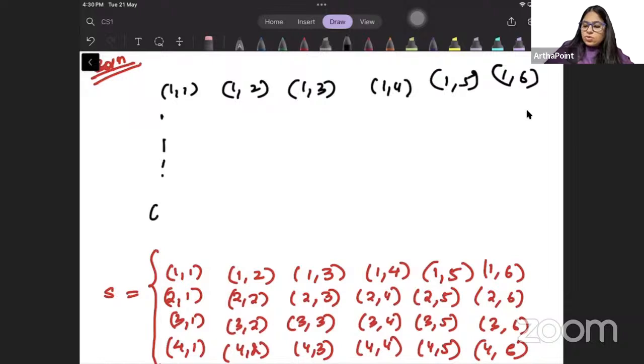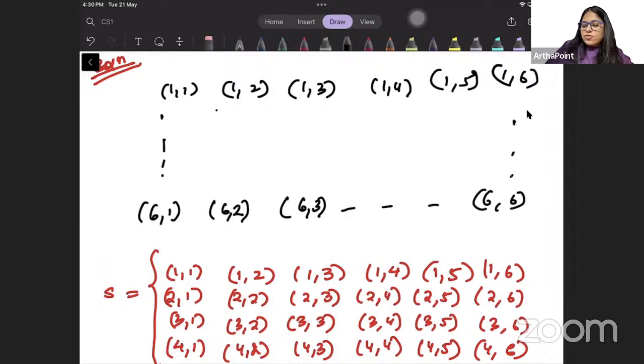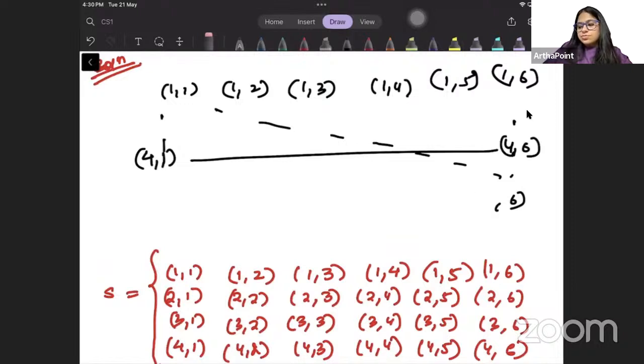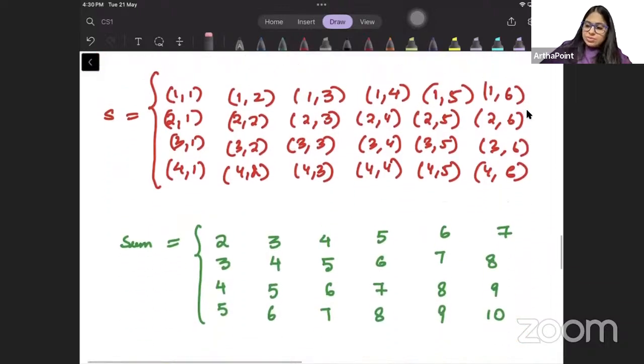And here we will go till 6,1; 6,2; 6,3, and so on till 6,6. This is how we make the sample space. Now, I am only going to go till 4,1; 4,2; up to 4,6, because the other die only has numbers till 4. That's the only difference.